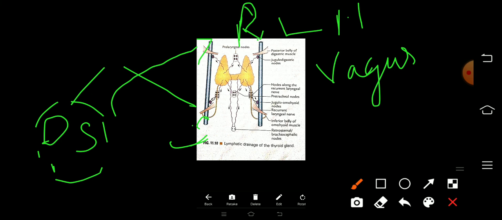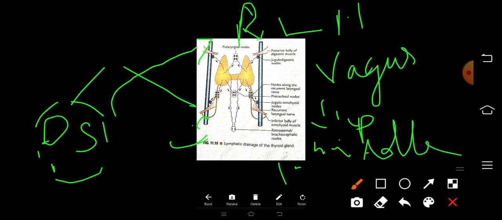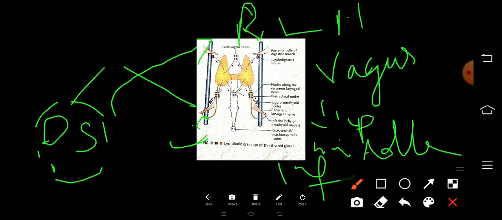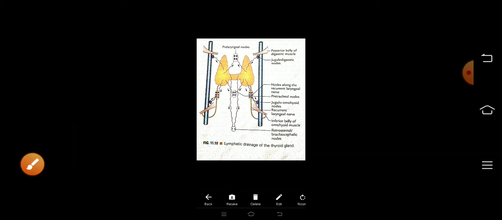And the other is sympathetic supply. Sympathetic supply is by the superior, middle and inferior cervical sympathetic ganglia, and it is mainly by the middle one. So this is about the nerve supply. It's quite easy and simple.